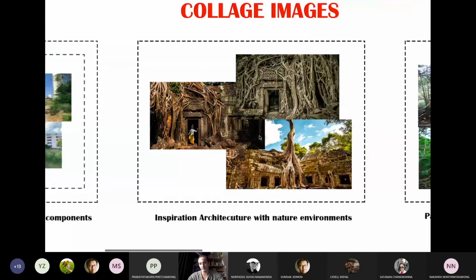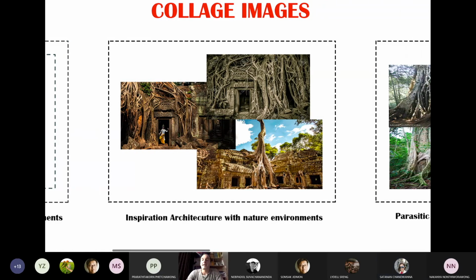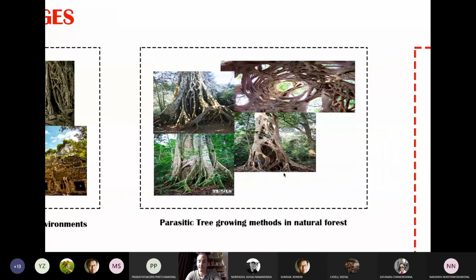Then he came out with this sample from Cambodia, where we can integrate nature and the buildings. Then he started to look at how these parasite trees are growing, and how things are inserted in nature.